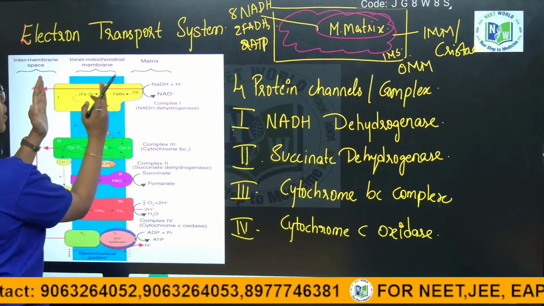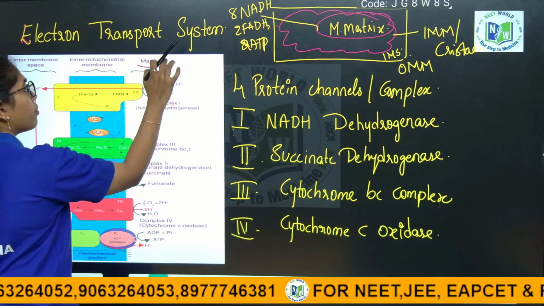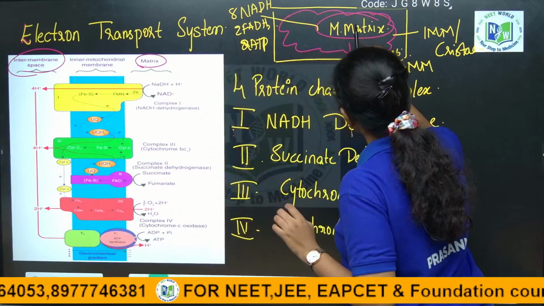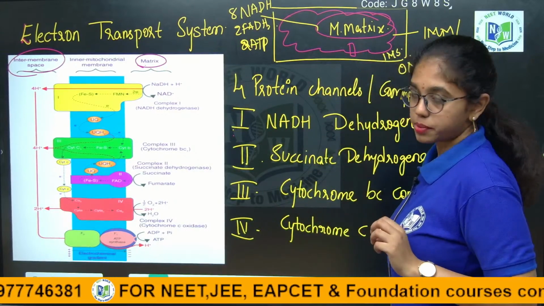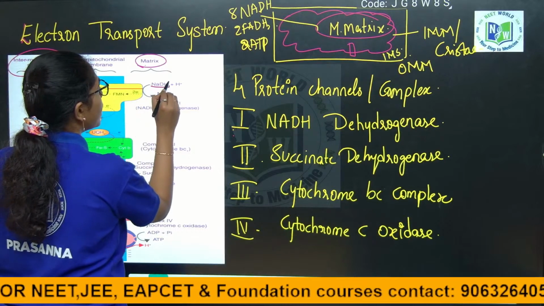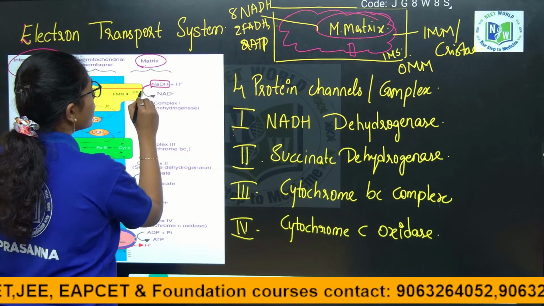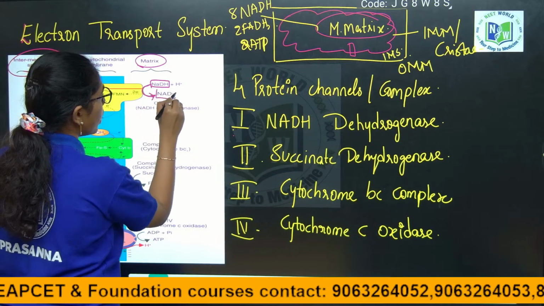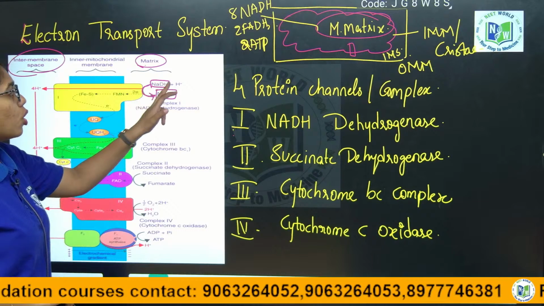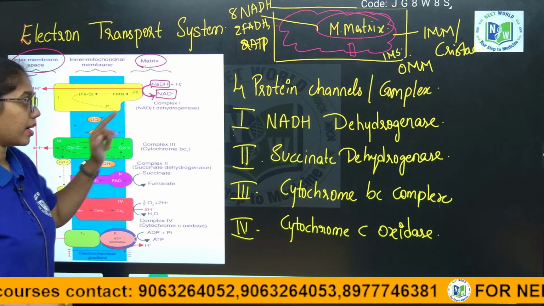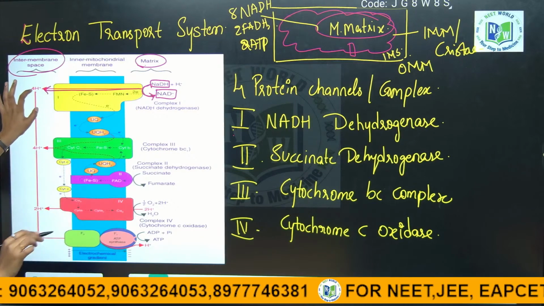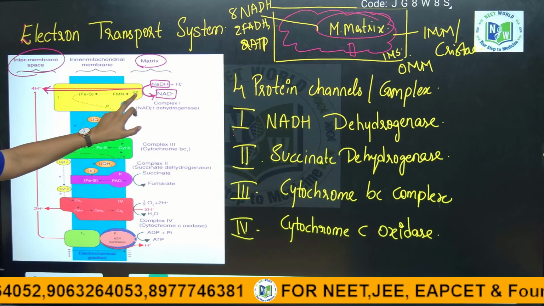Complex 1 is a transmembrane channel which operates from the mitochondrial matrix to the intermembrane space. Here the NADH molecule is cleaved to NAD plus by the enzyme NADH dehydrogenase, so both protons and electrons are released. 4 H plus are immediately pumped to the intermembrane space, taking out 2 electrons.